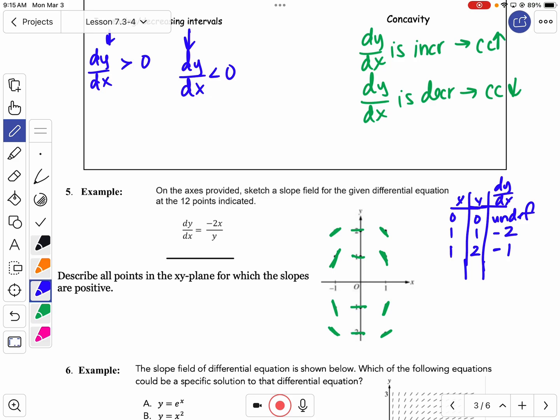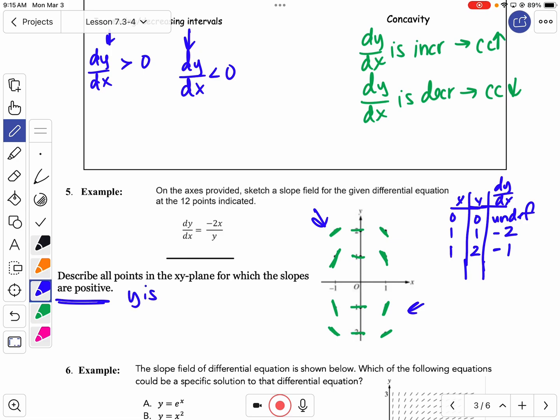So now let's answer this question. We want to describe where all the points in the xy plane are for which the slopes are positive. So let's think for just a second. Where do we have positive slopes? Which quadrants? Yeah, we got it in quadrant 4. Anywhere else? And quadrant 2. So we could say that we have positive slopes, which would mean the function's doing what? Increasing.